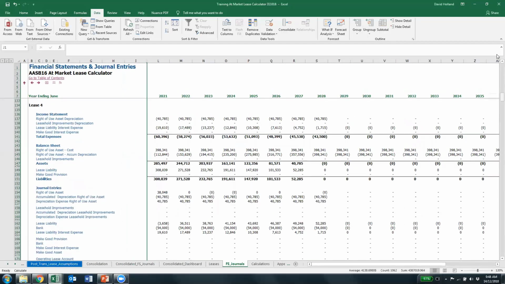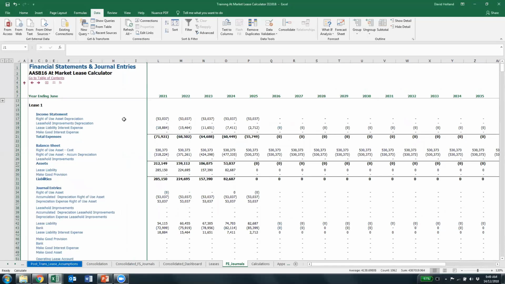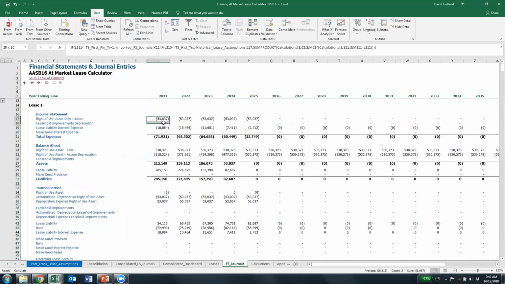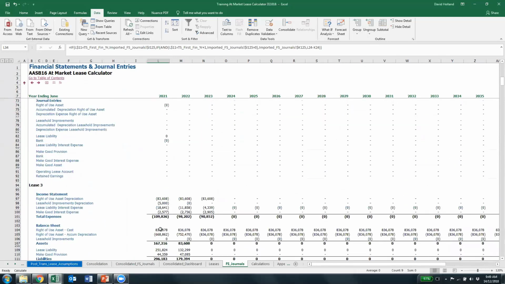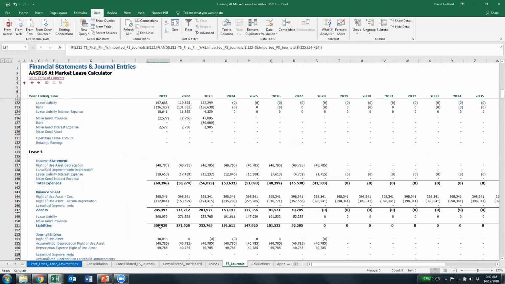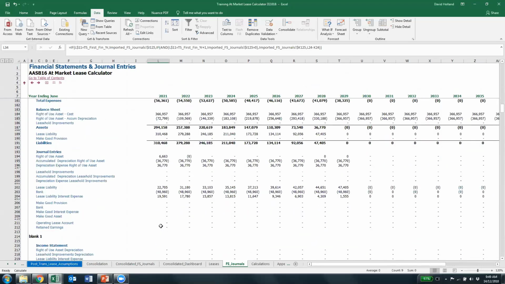So hide those. And if you go up here, lease 1 shows you what it looks like in the income statement and balance sheet. And it shows you what the journal entries are for this year. Goes down the same for lease 2, lease 3, lease 4, lease 5.